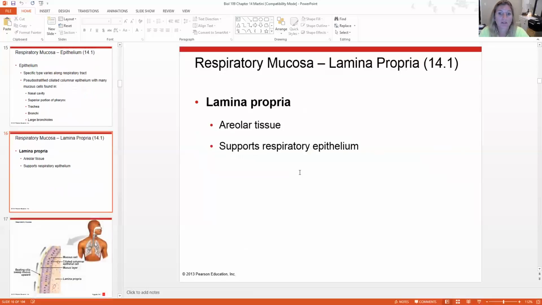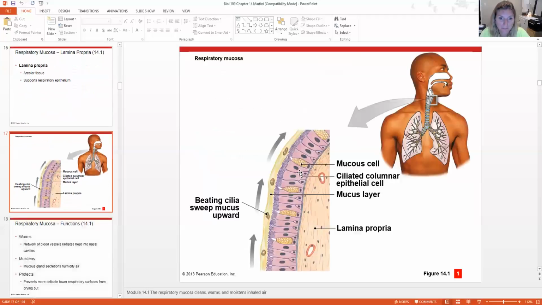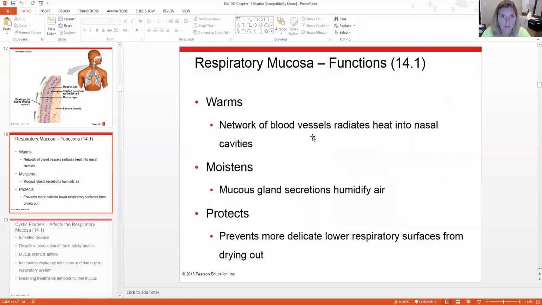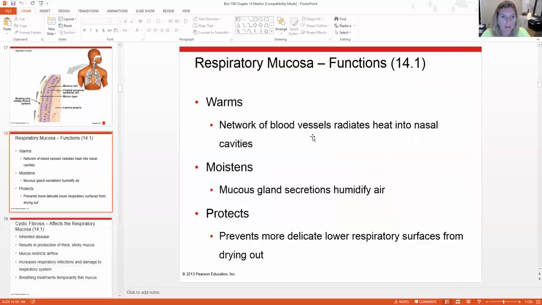And the lamina propria is an areolar connective tissue which supports the respiratory epithelium. There are those ciliated columnar cells helping to basically sweep any mucus and debris up through our respiratory tract back up into our nasal cavity or to our throat so that it can be expelled. Any junk that we breathe in gets trapped there.